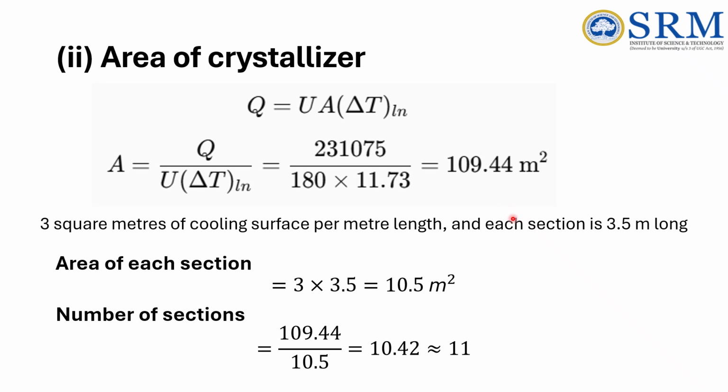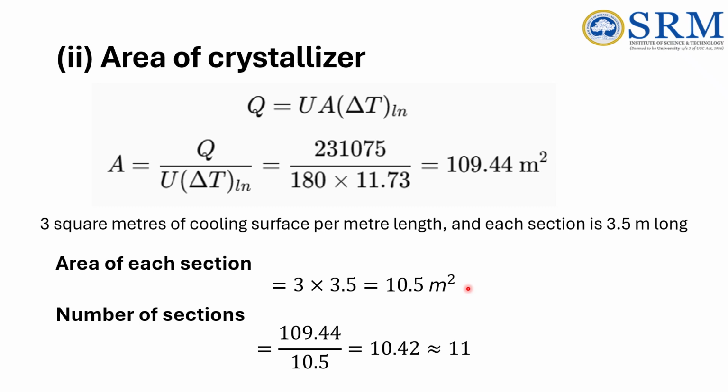But we have each section of 3.5 meter long and 3 square meters of cooling surface per meter length. So we have to divide this 109 into a number of crystallizer sections, where each crystallizer should be 3.5 meter long and have 3 square meters per meter. If that is the case, the area of each section will be 3.5 into 3 square meters, which is 10.5 meters squared.